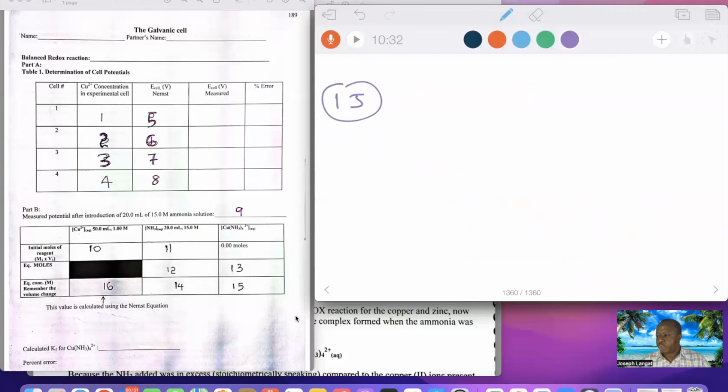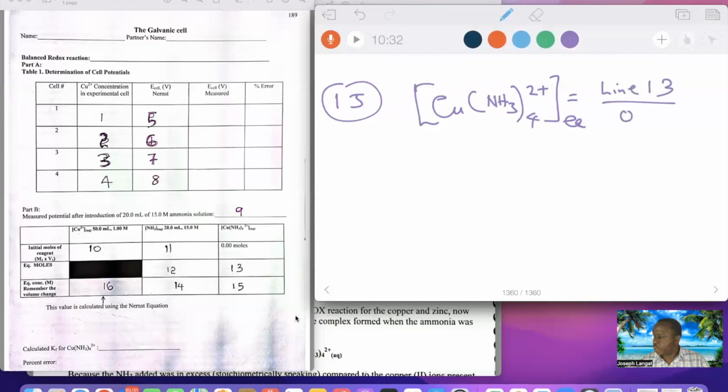Line 15 is the equilibrium concentration of the complex, Cu(NH3)4 2 positive. It's given by line 13 over 0.070.